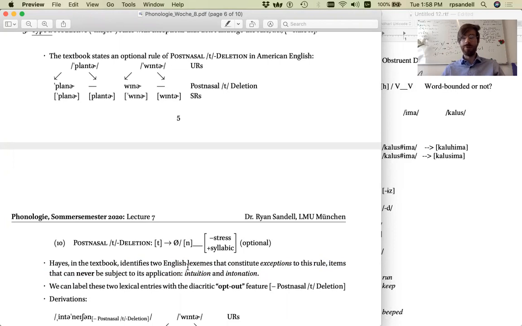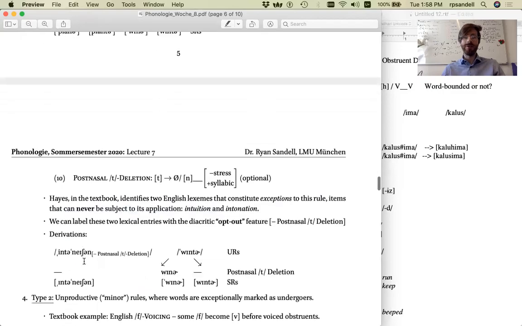are ill-formed. It's possible that we could try to find a more specific phonological context and explain it, but for the moment, this could serve as a way of explaining our diacritic feature. So we could assume that these two lexical items, intuition and intonation, are labeled as minus postnasal T deletion.